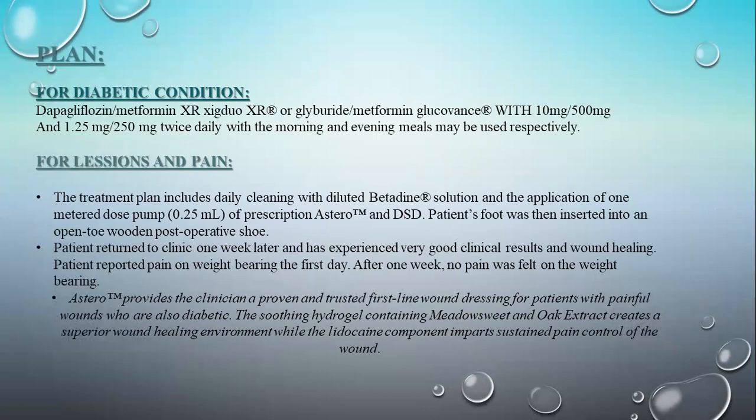So we are moving towards the plan. If a person is diabetic and has a chronic disease, for the diabetic condition we may suggest that he should take dapagliflozin and metformin, which is named Zigdo, or glyceride metformin or Glucovance, with the potency of 10 milligram per 500 milligram and 1.25 milligram per 250 milligram, twice daily with the morning and evening meal respectively. The person has a complaint of lesions and pain.